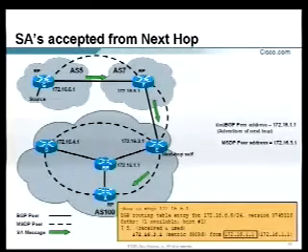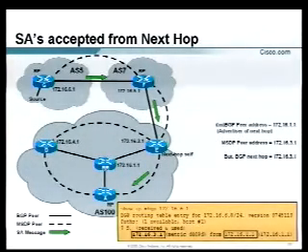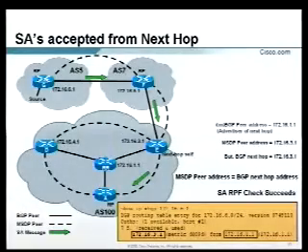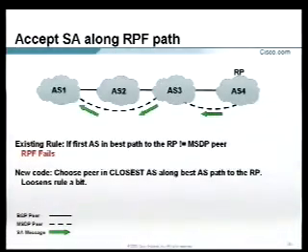The MSDP peer address is 172.16.3.1, but the BGP next hop is 172.16.3.1. So the route reflector is the advertiser next hop. So normally it would fail, as I illustrated before, but if you're using next-hop-self, the next hop is the peer, and we'll use that now for the RPF check. Just put that in your bag of tricks and just be aware of that.